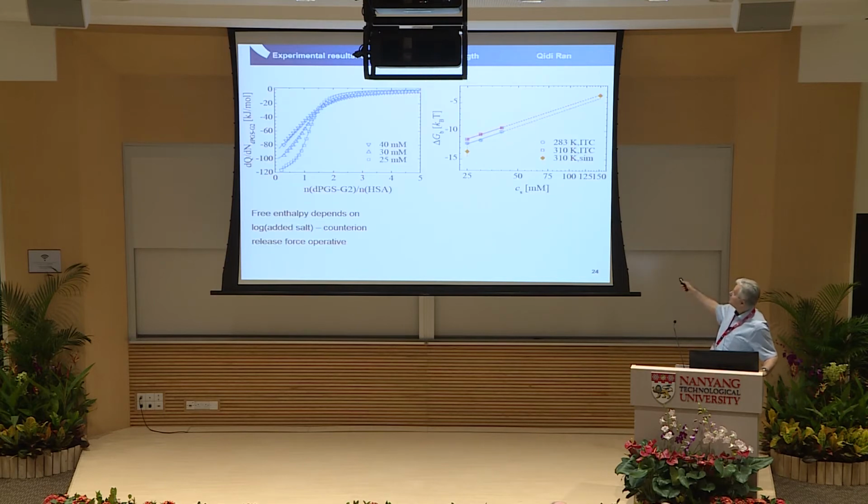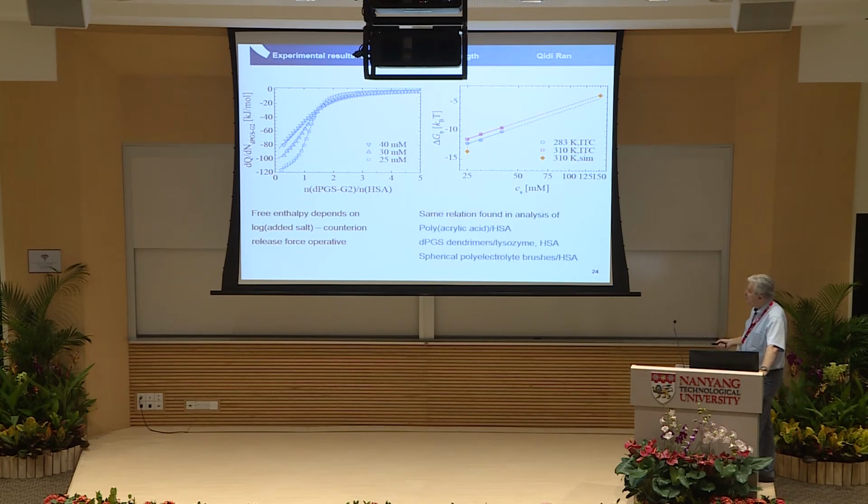And again, you find this linear relation between the delta G you measure and the salt concentration. And this is, I think, very general. We not only saw it in the simulations, we also saw it in all experimental systems we studied so far.